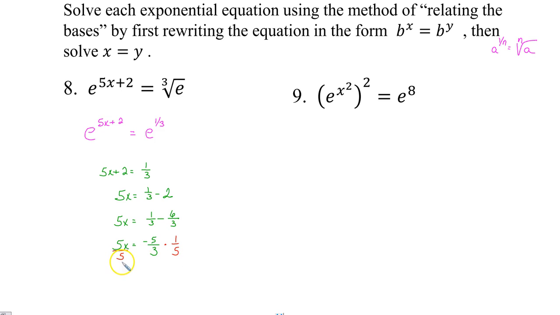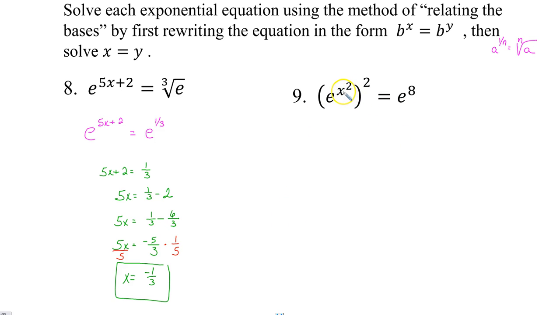So I divide the left side by 5, I multiply the right side by 1/5. This gives me x is equal to, my 5's actually divide out, and so I have negative 1/3. So because my 5 and my 5 divided out, my final answer here is x is equal to negative 1/3.